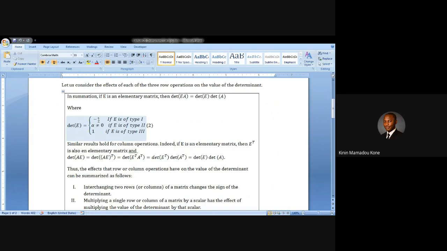Now, type 1 is when we are interchanging the rows. For example, you take the identity matrix and then you interchange the rows. That's when you have a type 1 elementary matrix.